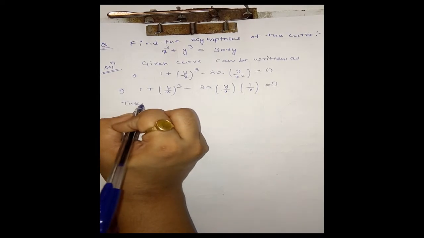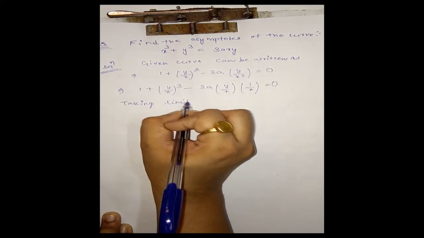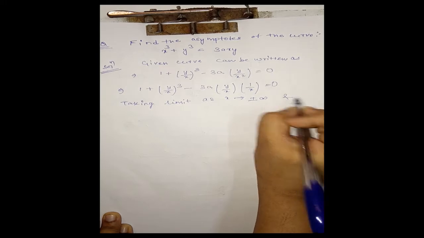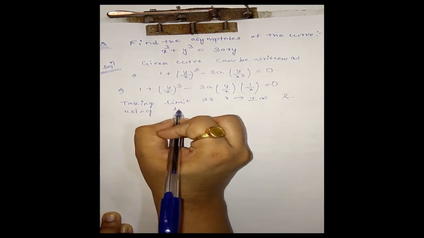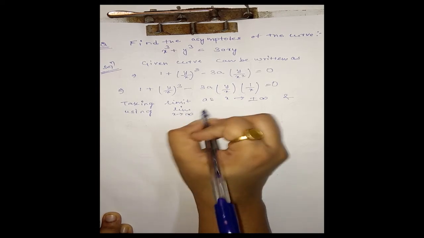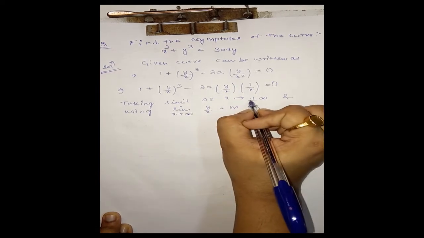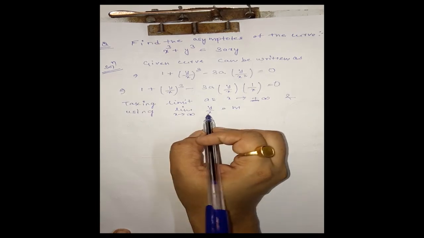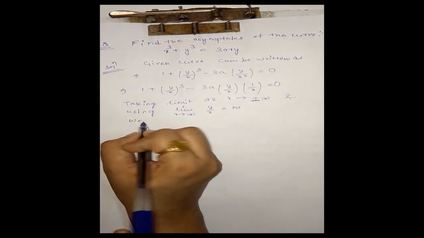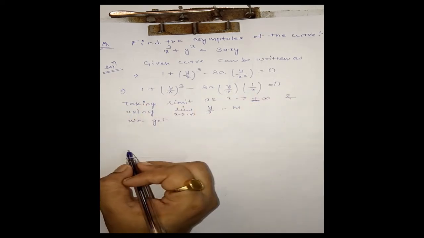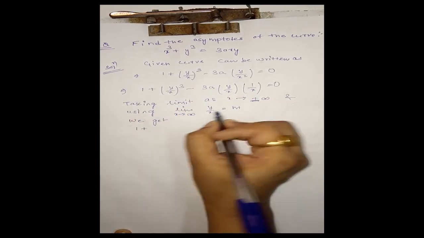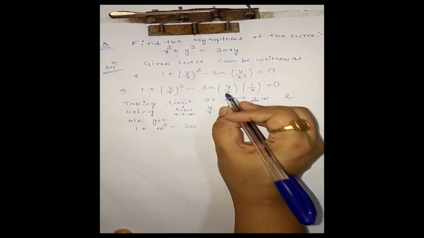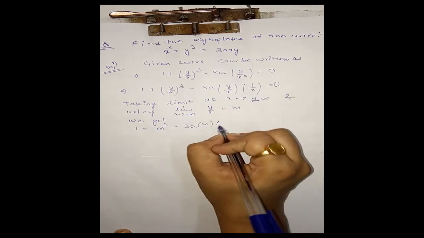Now taking the limit as x tends to infinity, we can take x tends to plus infinity only, and using the result that the limit of y by x as x tends to infinity is equal to m, on taking the limit I get 1 plus m cube minus 3a into m, and 1 by x will be 0 as x tends to infinity.